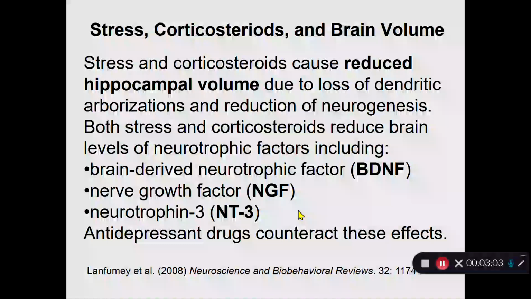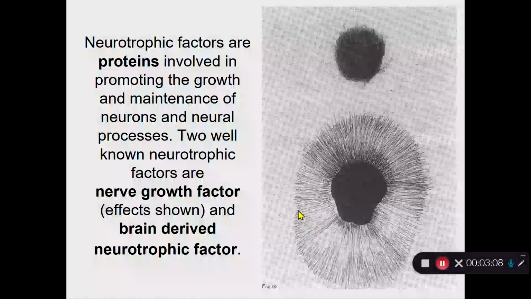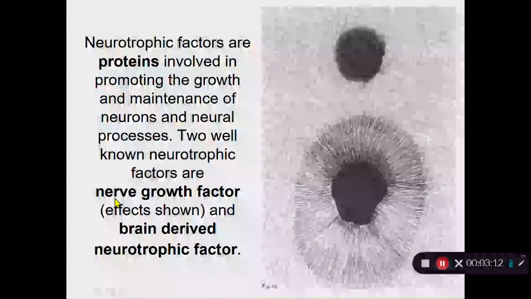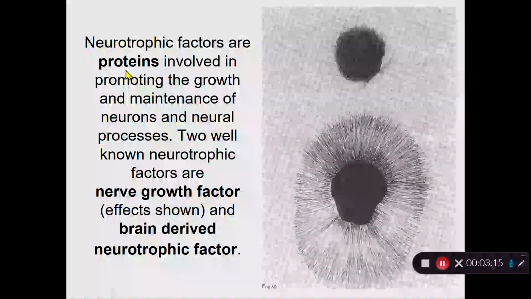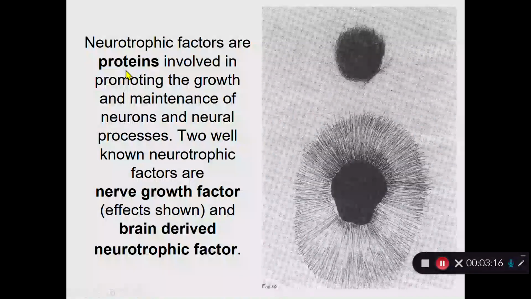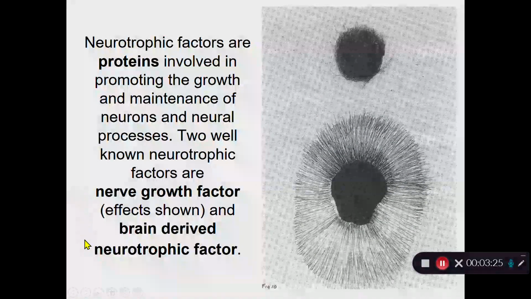It can cause the production of neurotrophic factors to increase again. So what exactly are neurotrophic factors? Neurotrophic factors are proteins. Yet again, proteins. They're involved in promoting the growth and maintenance of neurons and neural processes. Two well-known neurotrophic factors are nerve growth factor and brain-derived neurotrophic factor.